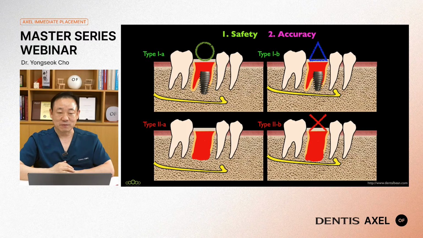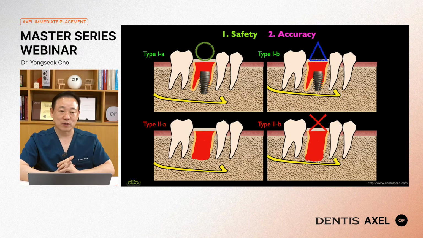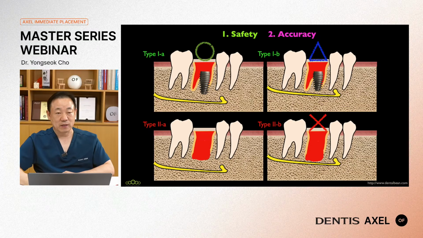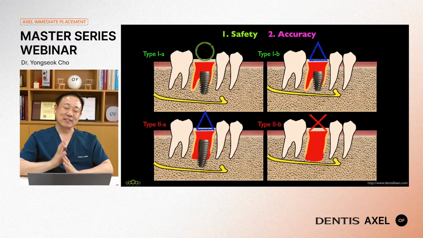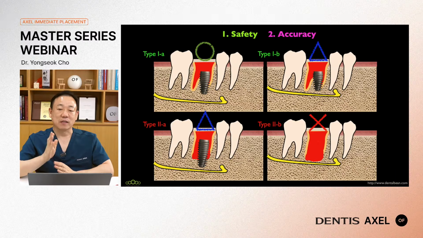But in reality, it is very hard. The drill stop does not function well in this situation. So accidentally, you may pass the mandibular canal. So it is also a relative contraindication. When you consider the safety and accuracy of the implant, the best indication is Type 1A. And Type 2B is a contraindication. And Type 1B and Type 2A, I think, are relative contraindications.